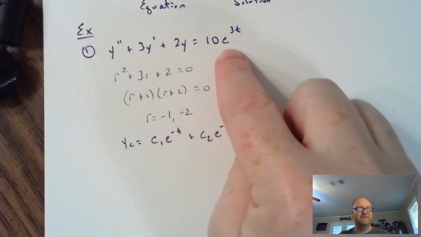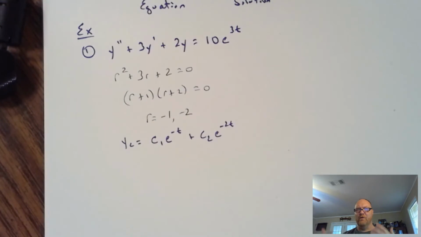So, for instance, a polynomial: t squared becomes a t, becomes a constant. T cubed becomes t squared, becomes a t, becomes a constant. E to a power, when I differentiate, I always get back e to a power. Sine and cosine are pretty predictable, right? The derivative of sine is cosine. The derivative of cosine is negative sine. So those are things that I can keep manageable. I know where their derivatives are going, and I can account for all possible solutions there.